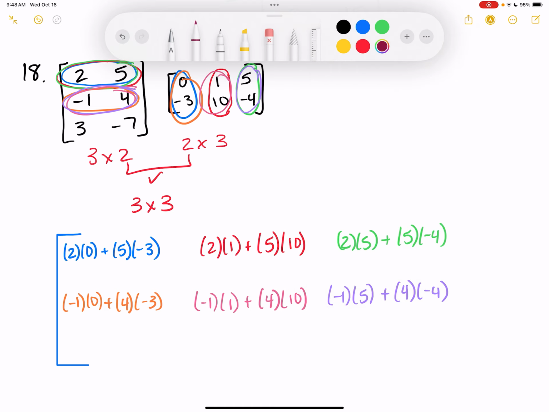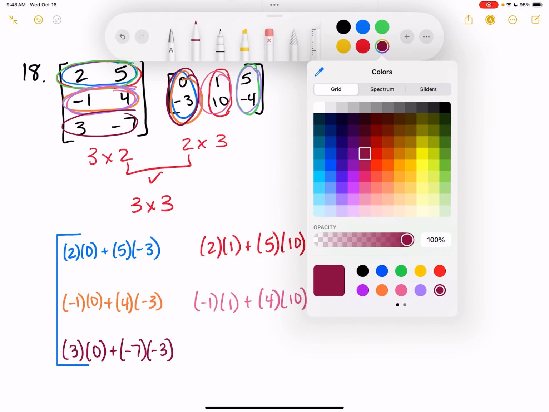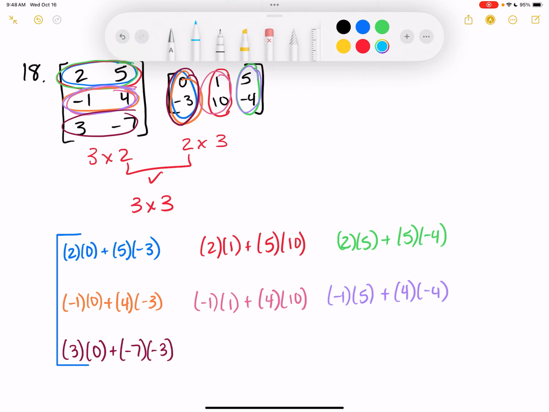Now, third row, first column, 3 times 0 plus negative 7 times negative 3. Third row, second column, 3 times 1 plus negative 7 times 10.